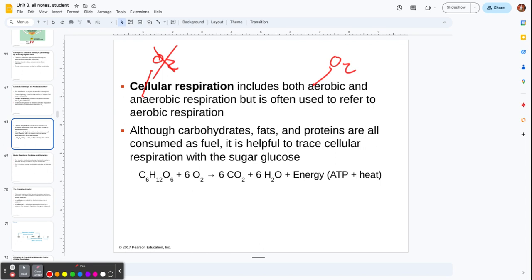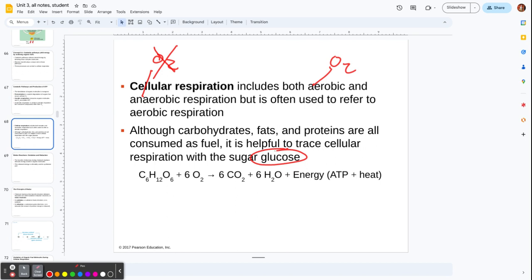And when our body makes ATP, when our body makes energy, it would prefer to work with this molecule called glucose. So a lot of the things that we eat get converted into glucose, or parts of glucose, as they go through this cell respiration process. In here, for this class, we are going to just talk about how glucose gets broken down.